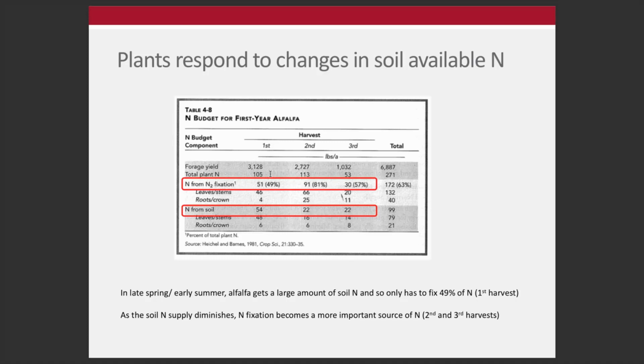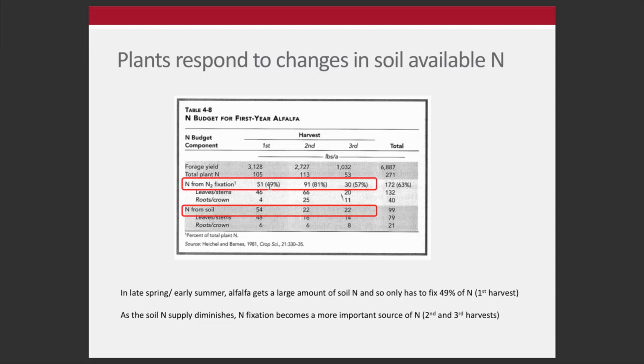This was quantified over the growing season of the first harvest, second harvest, and third harvest. So maybe a late spring, early summer harvest, a midsummer harvest, and then, say, an early fall harvest. And we can see the percentage from nitrogen fixation really changes over the course of that growing season.